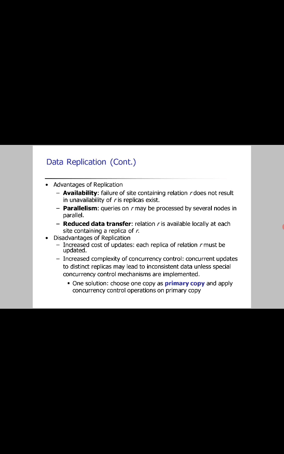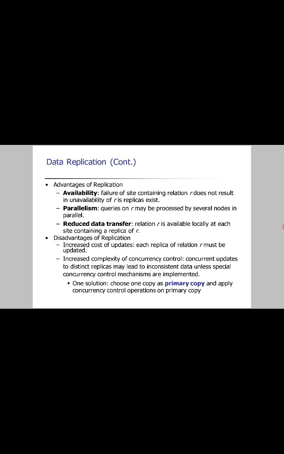If the same database is kept and maintained at different sites or locations and one site fails, there is no problem with the running of the database. Why? Because the database can be run from other sites. That is the main availability of the databases.